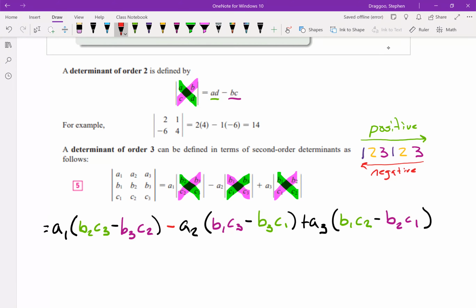So when we're going through the cross product, there are a couple of different conventions for how to write it out. This is the one that the textbook uses, where the middle term in this determinant is negative. I prefer a slightly different one that I'll show in a moment because I think it's easier to remember. And it's going to tie into that diagram about positive and negative in the upper right.